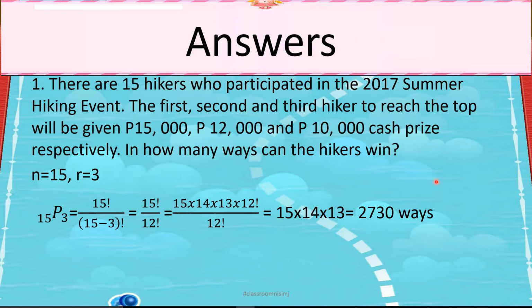And when we expand the numerator, we will have 15 times 14 times 13 times 12 factorial. Since they have the common factor 12 factorial, they can be cancelled already. So the remaining numbers to be multiplied are 15 times 14 times 13, which is equal to 2,730 ways.